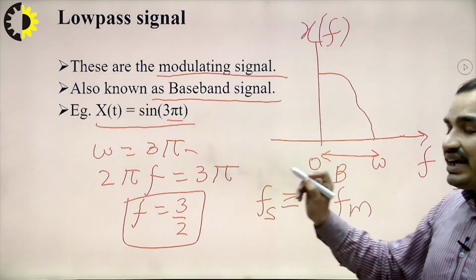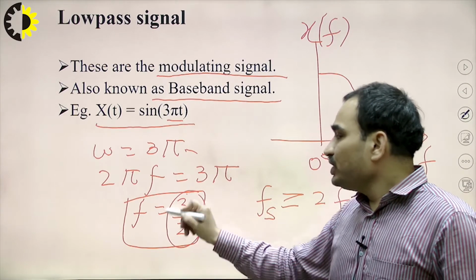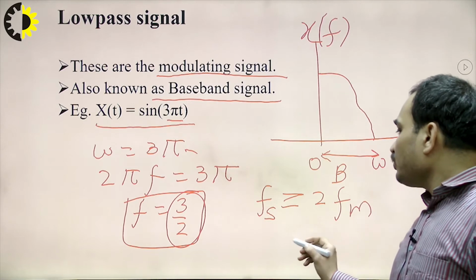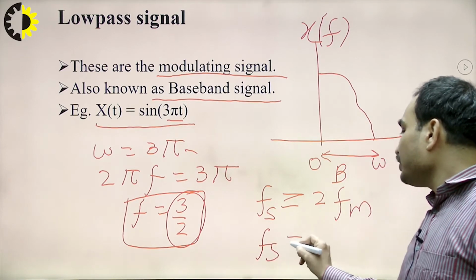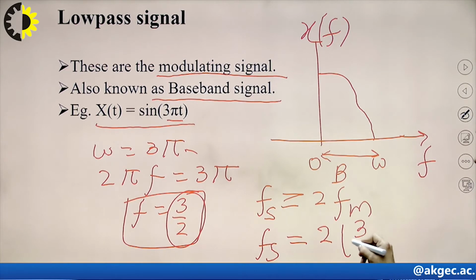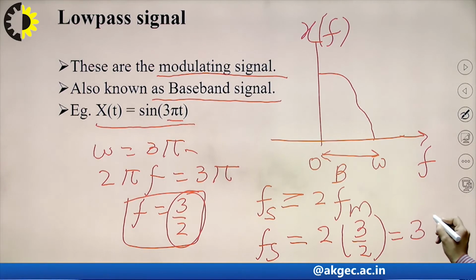Here the maximum frequency is 3 by 2. If we substitute it, the minimum sampling frequency is equal to twice 3 by 2, so we get 3 Hertz.